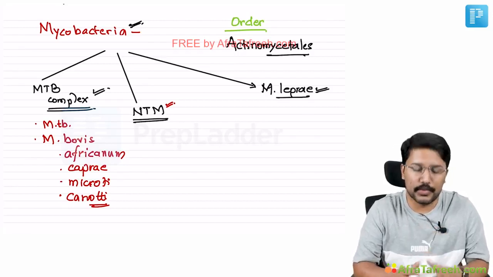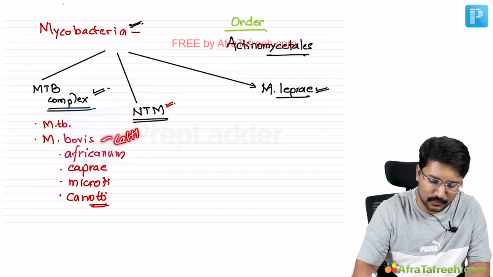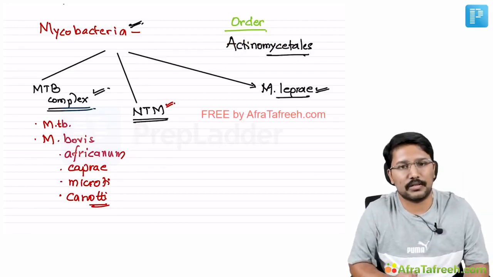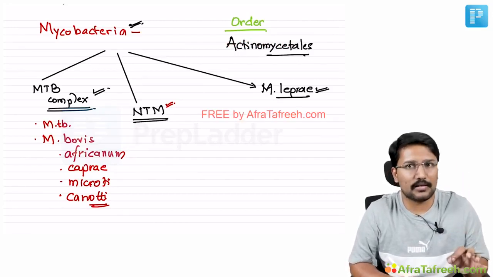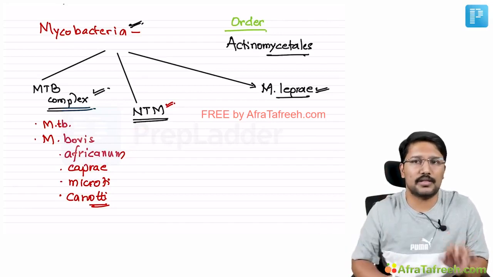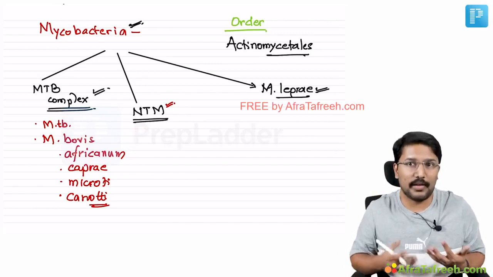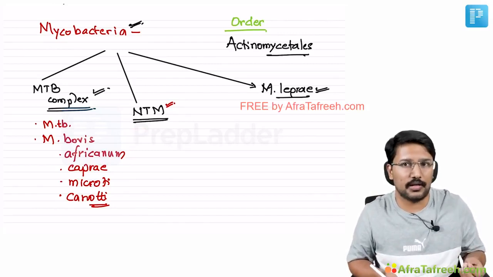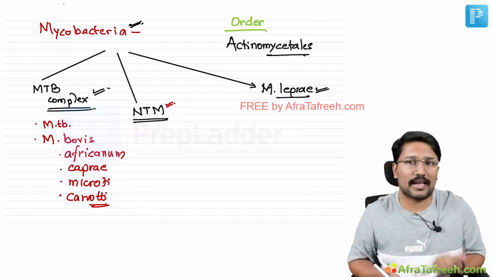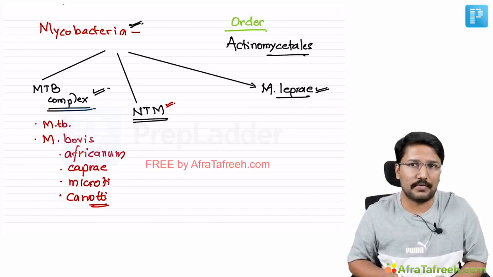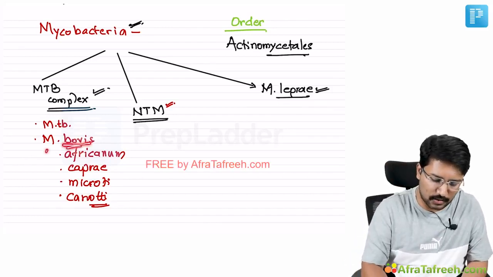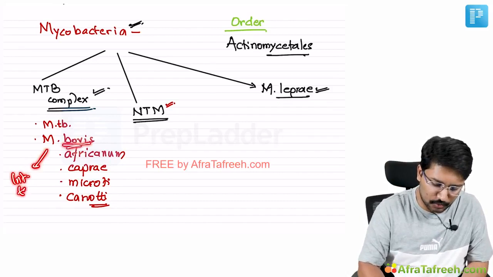The reservoir for M. bovis is cattle. Because cattle are the reservoirs, the entry from cattle to humans is through contaminated or infected milk. So someone who has lesser cell-mediated immunity and gets exposed to this contaminated cattle milk will go on to develop intestinal tuberculosis.